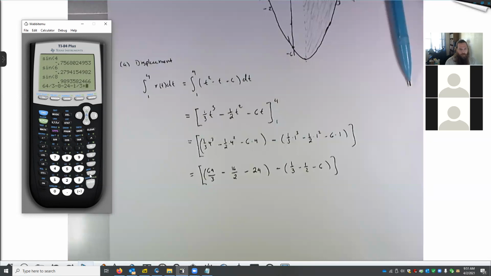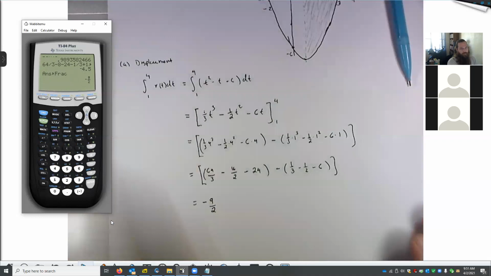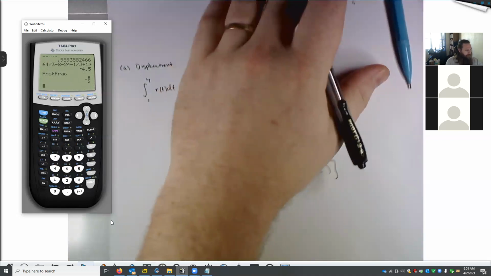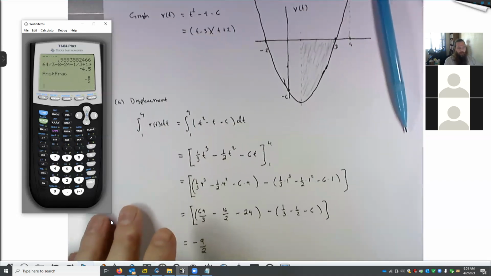Distributing the negative, we get plus 1/2. And then plus 6. We get negative 4.5 if you want that as a fraction. Negative 9 halves. So this is indeed negative. How on earth do I find the distance traveled though? That's where we really need the picture.